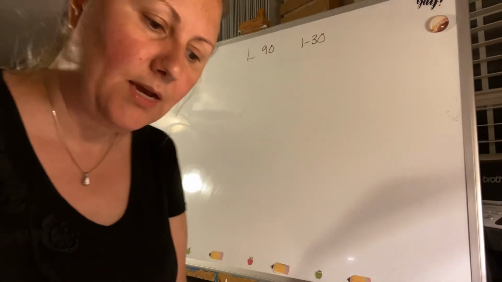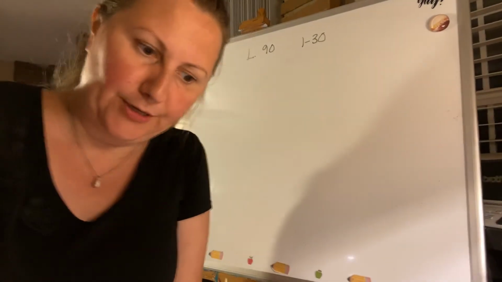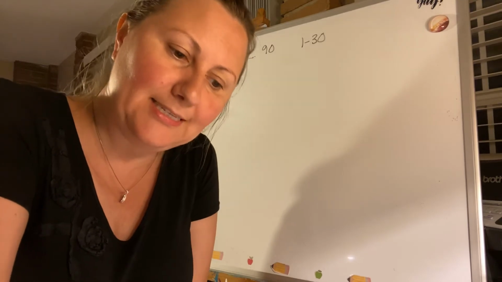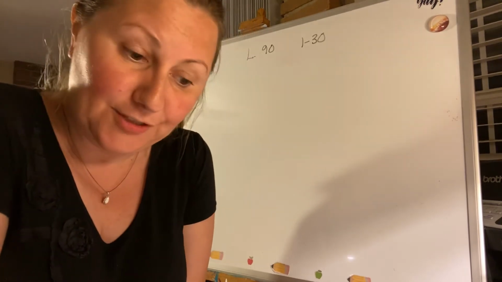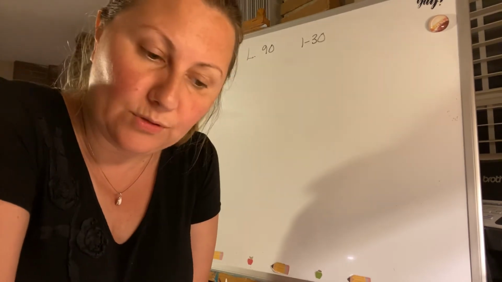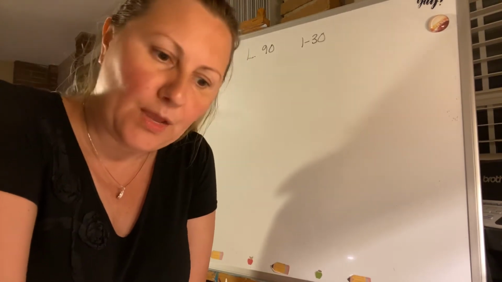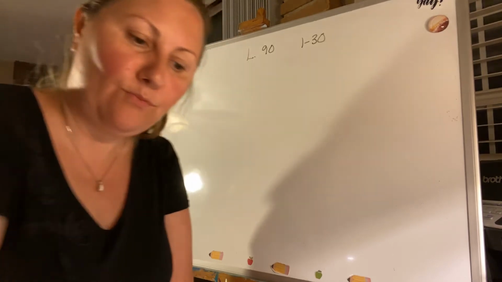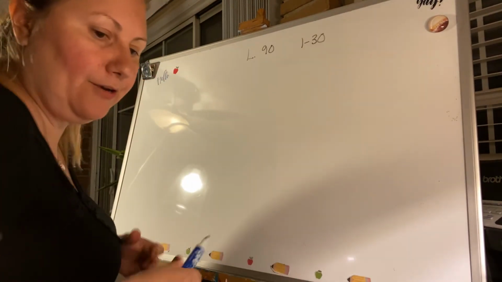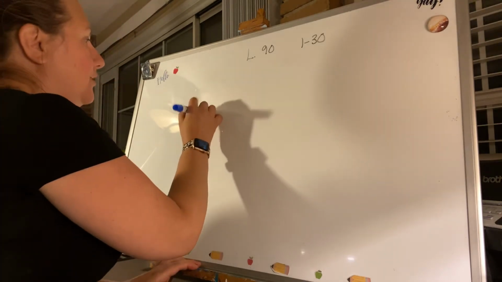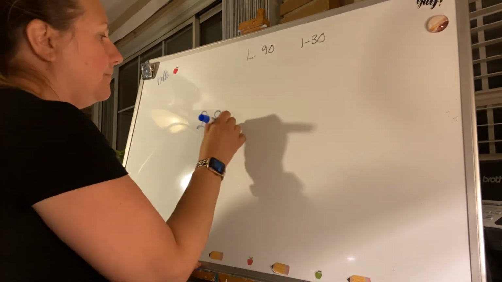Number 28 says, according to many health experts, a person should drink 64 ounces of water each day. If Shankidra's glass holds 8 ounces of water, how many glasses of water should she drink in one day? So the part we don't know is the how many, right?